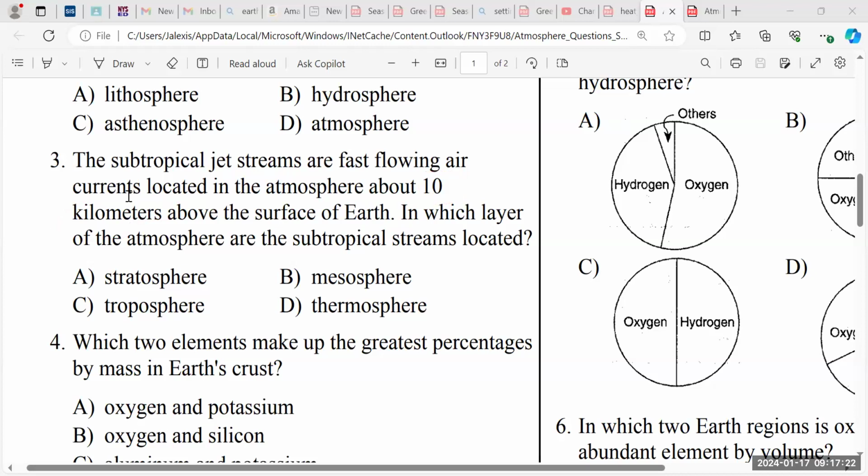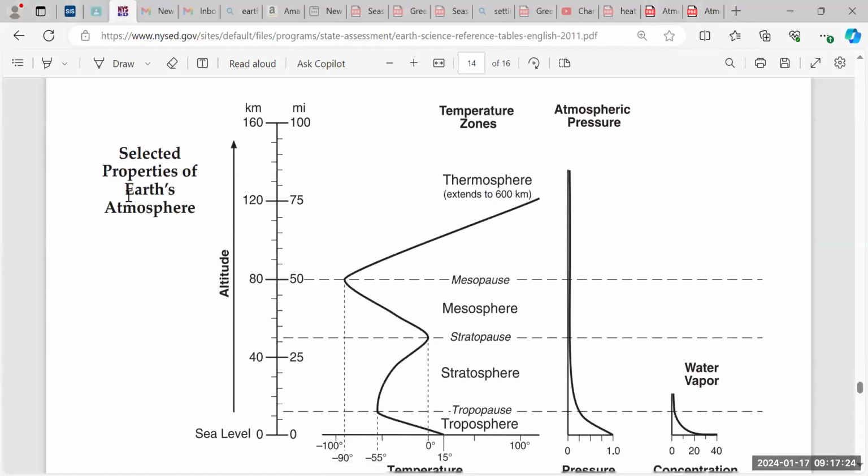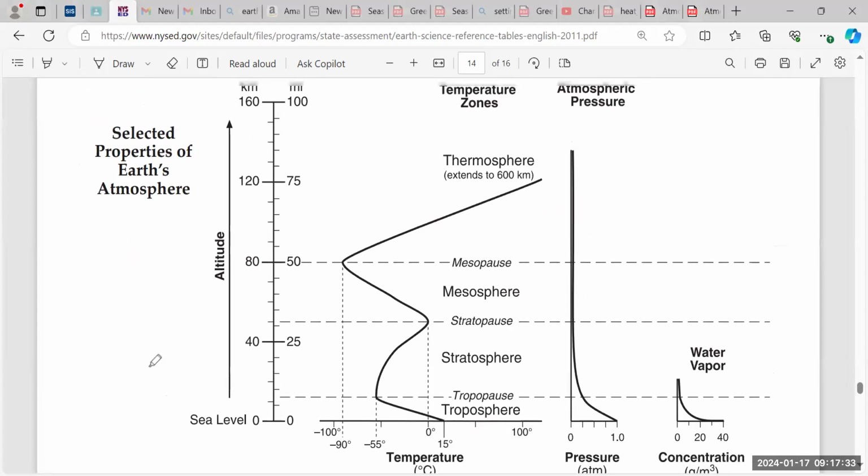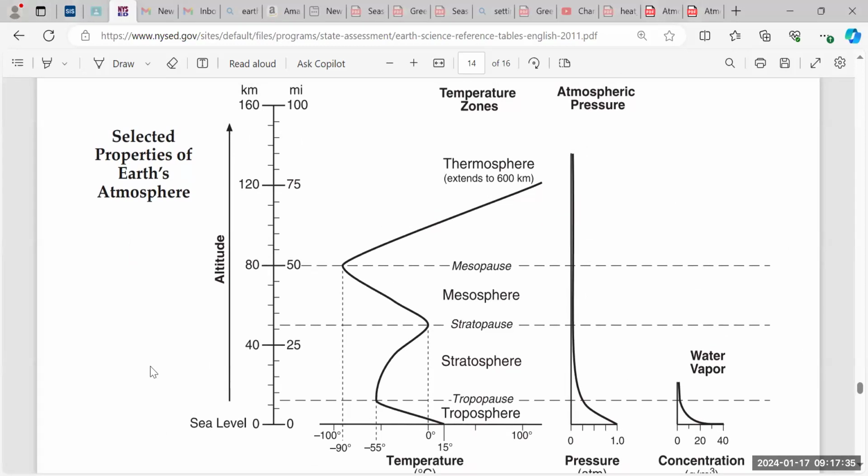So I'm going to page 14 of my reference tables, and I'm looking for 10 kilometers. If we take a look, remember the kilometer side is on the left, mile side is on the right. And so I'm looking for 10.